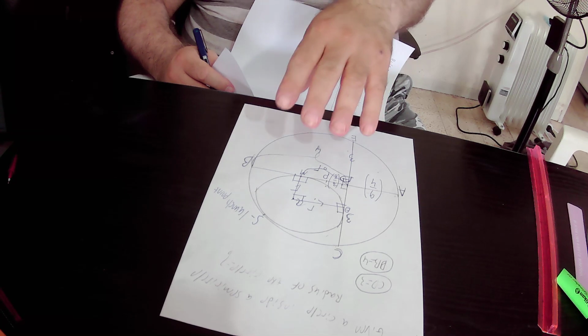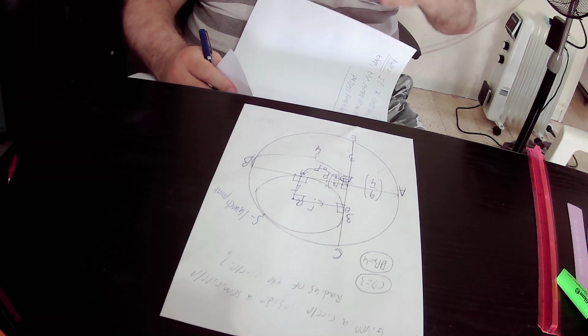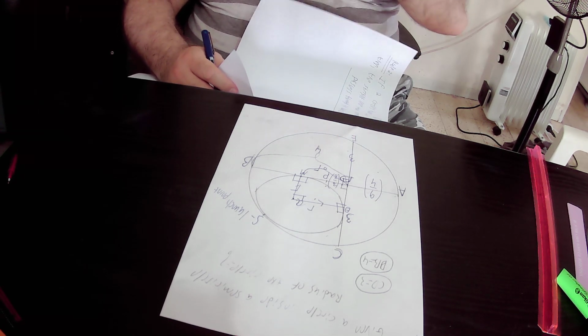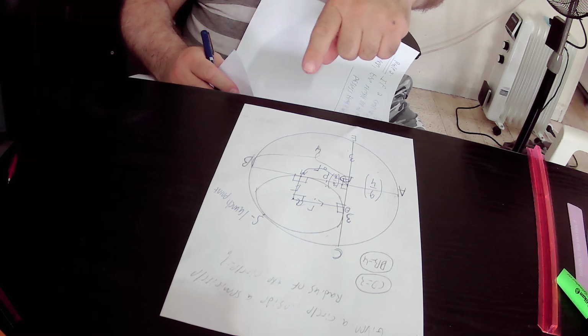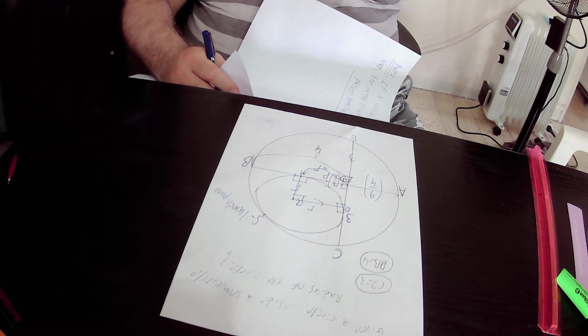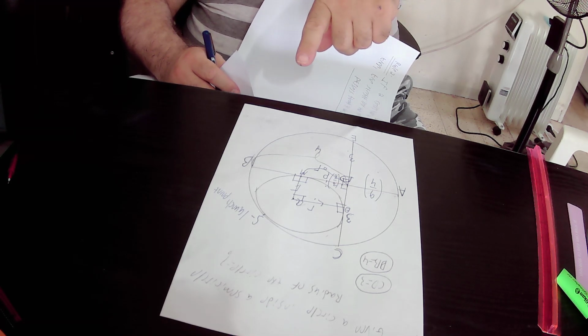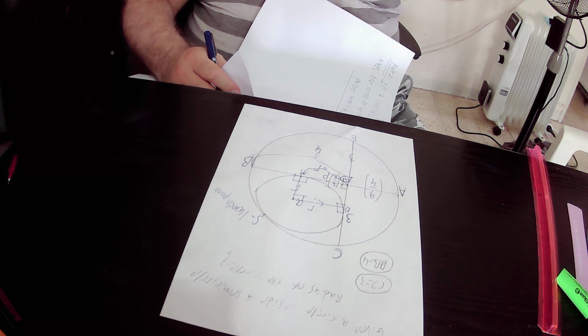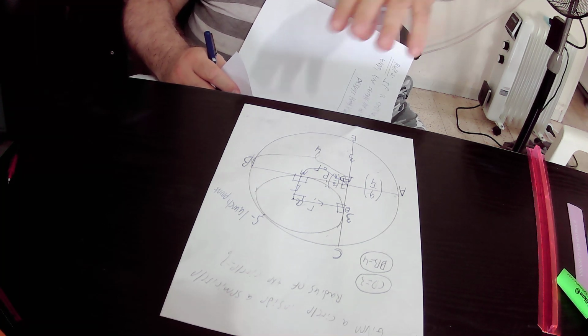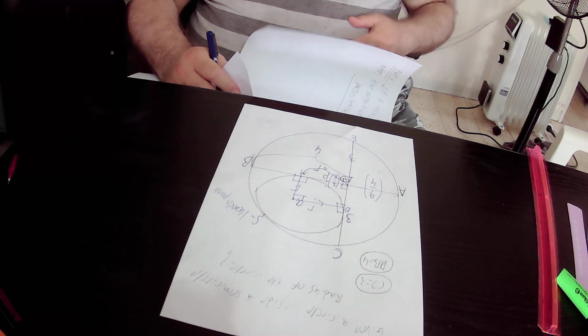We have here an internal launch at point S. Point S is the point where the two circles are touching each other internally. That is to say, point S is defined as a launch point.